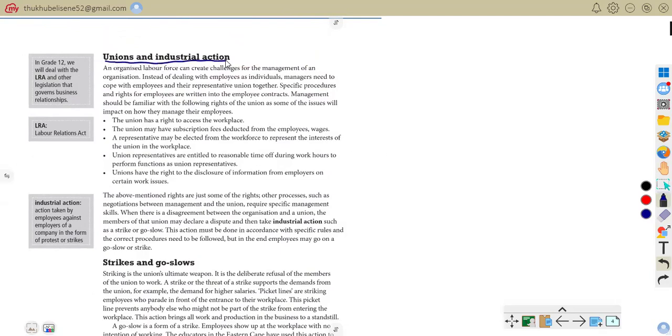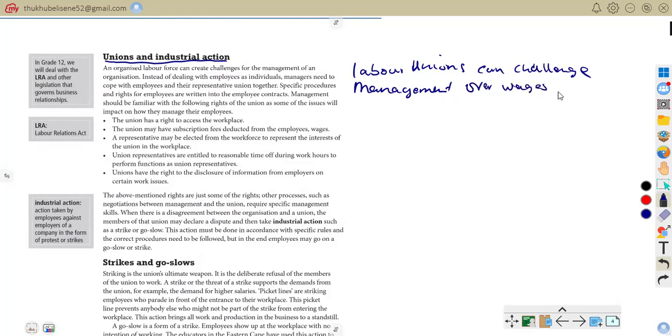With unions and industrial action, we are talking about labor unions, where we can see they can challenge management for wages or working conditions.